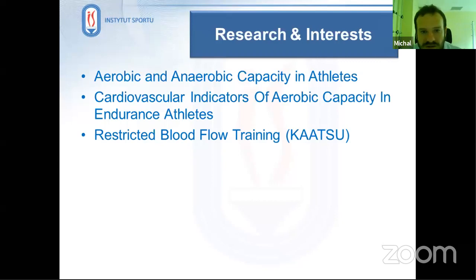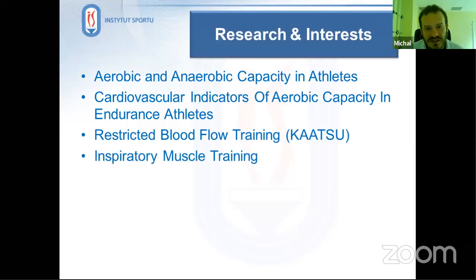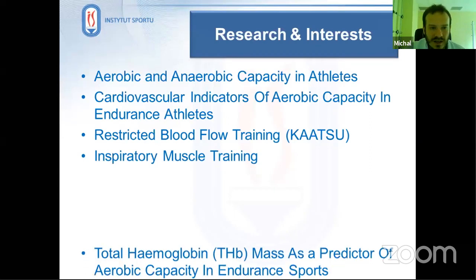About cardiovascular indicators of aerobic capacity in endurance athletes, my theses are in cycling, so I'm familiar with that. Restricted blood flow is something new that we are doing in our institute. The KAATSU method is a Japanese method to support rehabilitation and to support athletes with restricted blood flow training. Inspiratory muscle training, that's what we will talk about today.